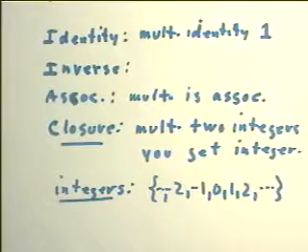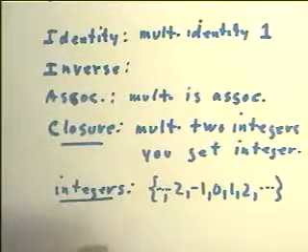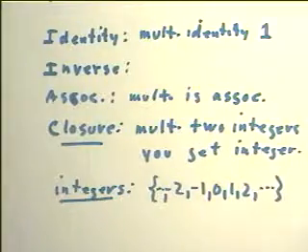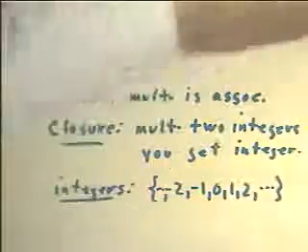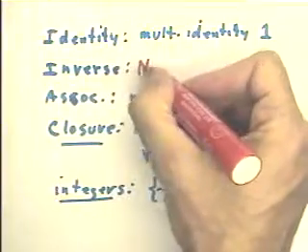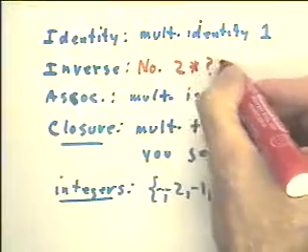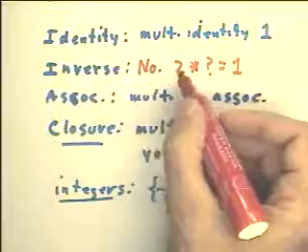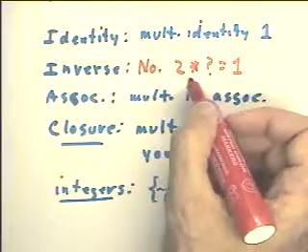Now what about inverse? Does each integer have an inverse? Well, the answer is no. Two times what equals 1? Because remember that inverses have to combine to give you the identity.